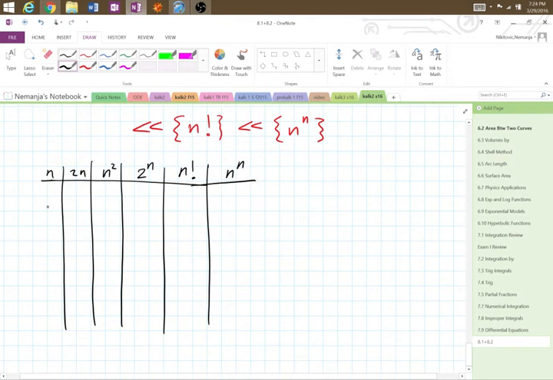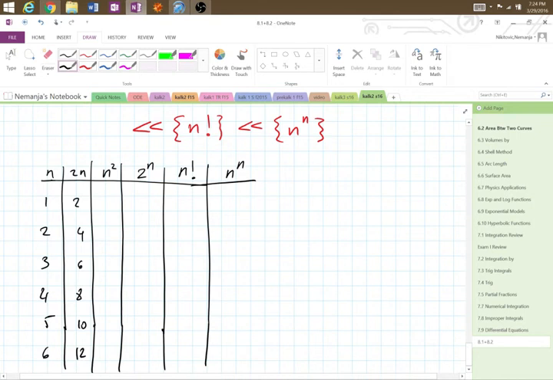And we start with 1, 2, 3, 4, 5, 6. Let's go up to 6, see how it goes. So the first order of business is this linear growth when the slope is 2. So we just double each one: 2, 4, 6, 8, 10, 12. So we see that 2n beats n at any point.